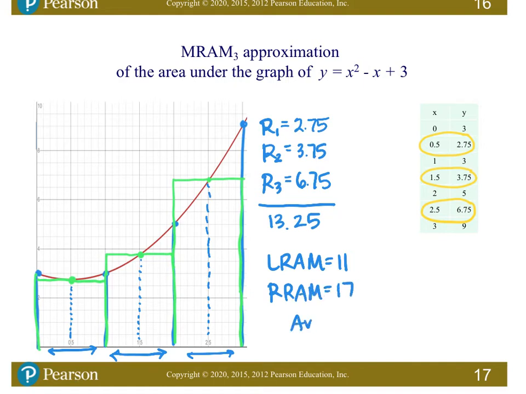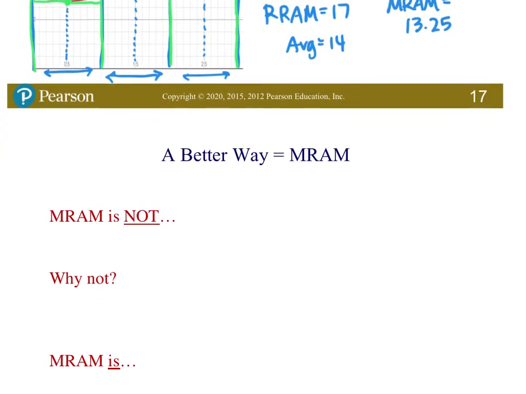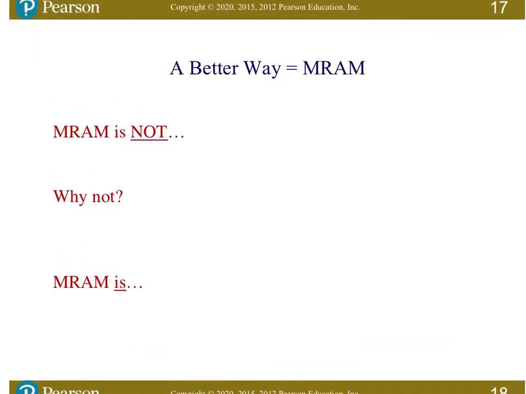The average was 14. Okay, but the MRAM, which is the best so far that we have, is 13.25. So it's not the same as the average. In fact, it's a little lower than the average. Okay, but it's a better approximation.